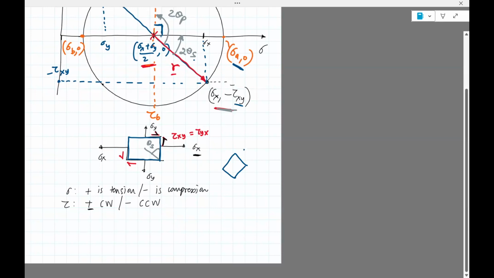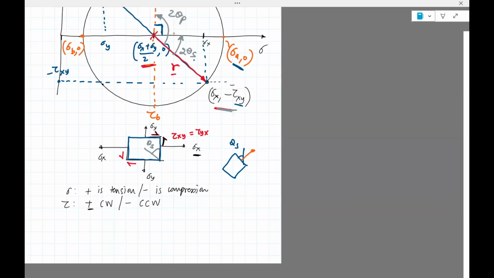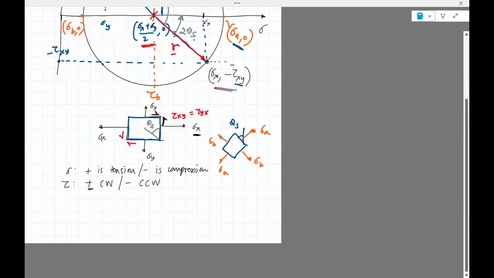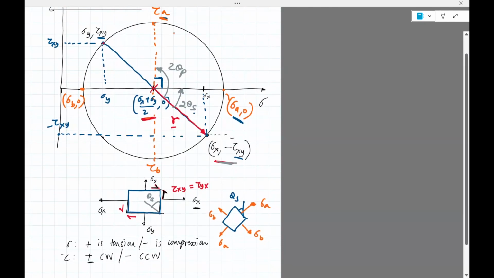So when you rotate it by theta s, this corresponds to sigma A, sigma A, sigma B, sigma B, and then the shear stress is 0. If you further rotate by theta p from this orientation, then you'll get the principal stress in the shear direction.